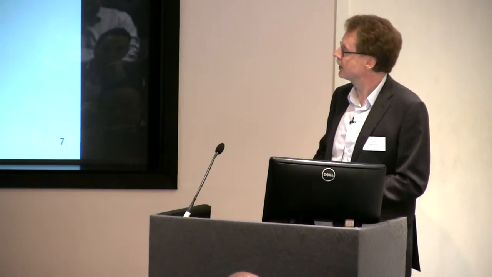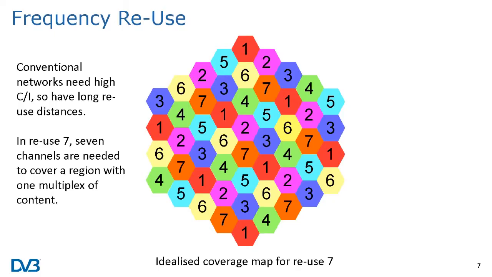And so this means that if you want to use a particular frequency in one location, you can't reuse that same frequency in another location that's very nearby, because the interference that would put into your signal would mean that you wouldn't be able to meet that 20 dB carrier to interference ratio.